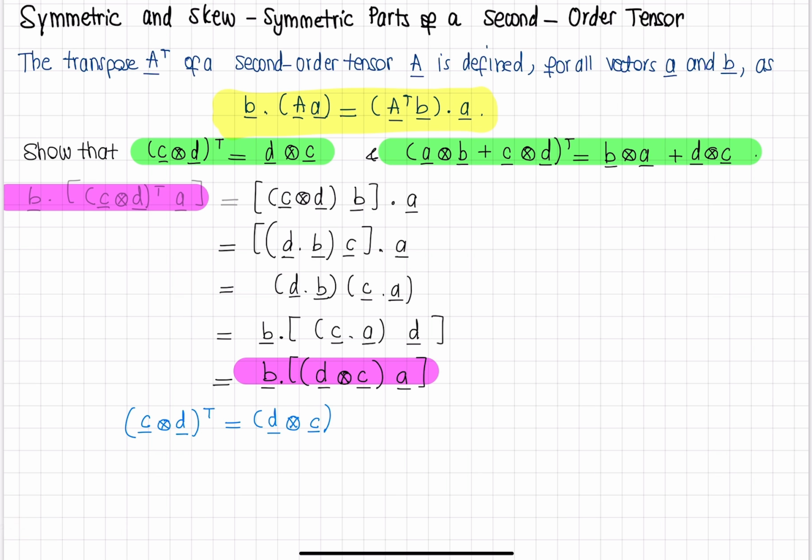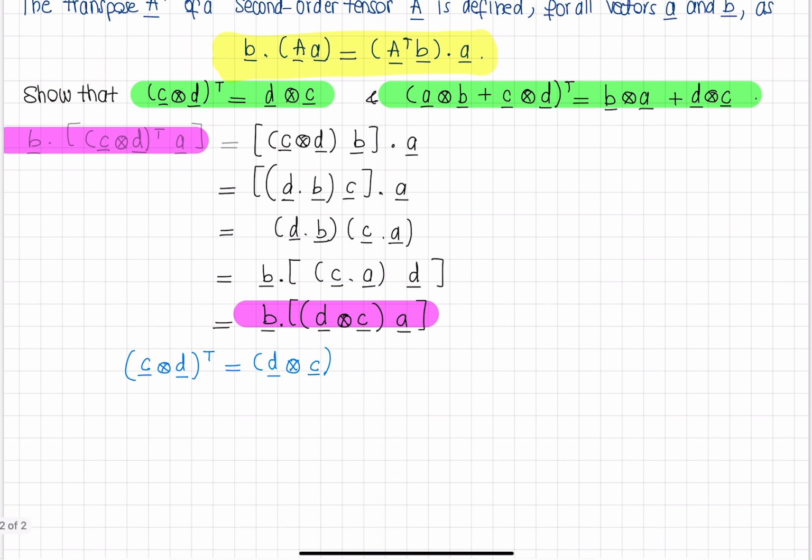Now let's do the second proof. I want to show that (a ⊗ b + c ⊗ d) transpose is equal to this.